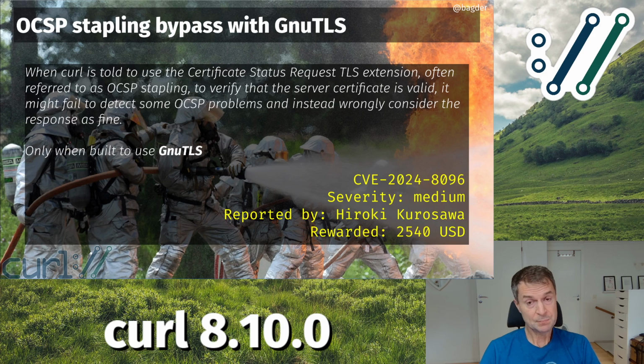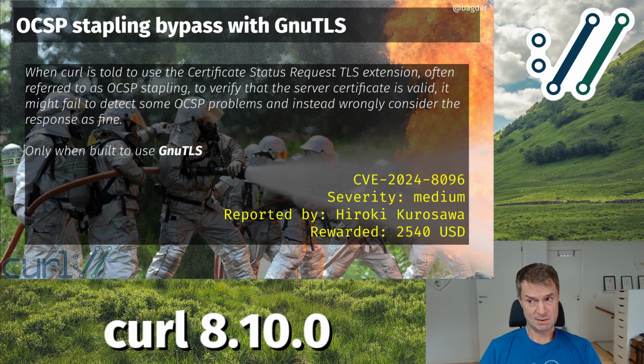But if you use curl built with GNU-TLS and ask to do this, there was a risk that you could get an OCSP stapling response back that didn't say verified, everything is fine, it said unknown, and curl would still treat that as okay and move on and think, hey, everything is good. So a malicious or breached server could trick curl clients into believing that the certificate is still okay.